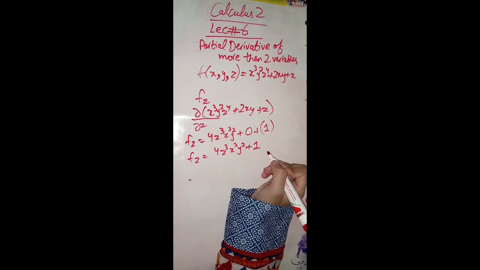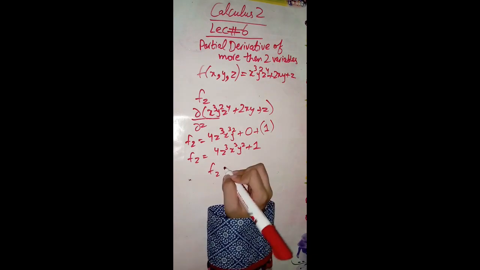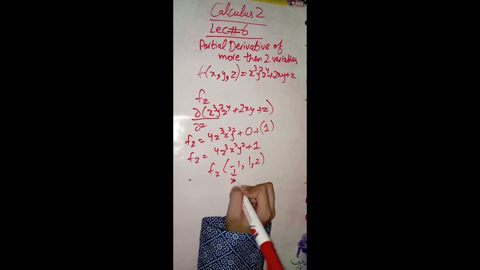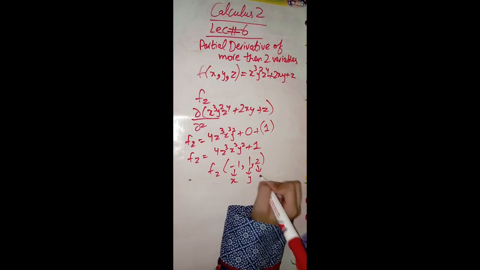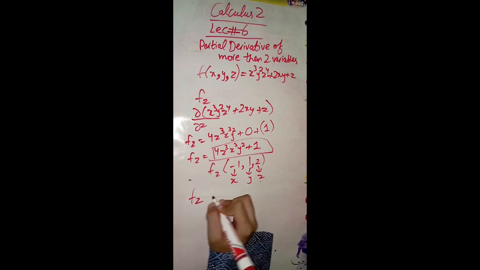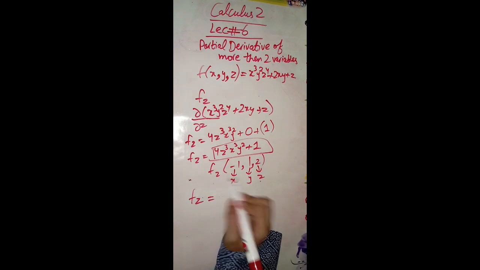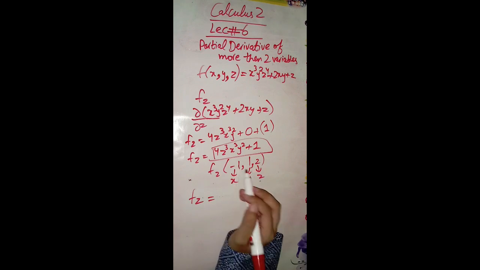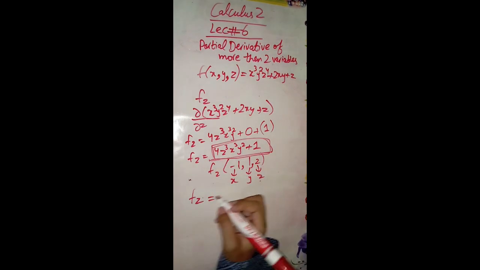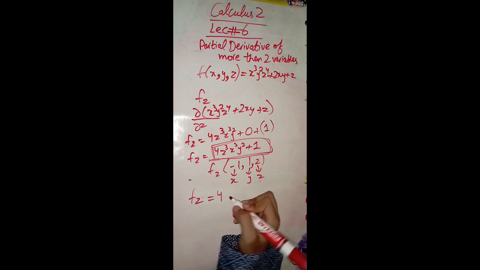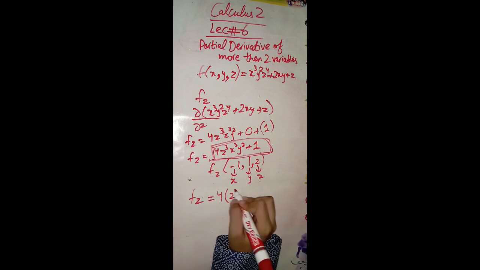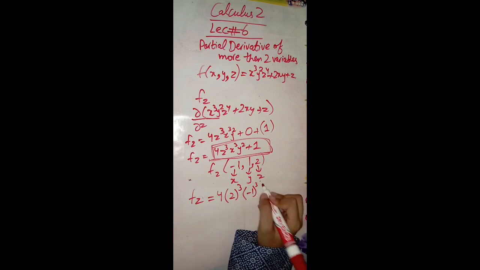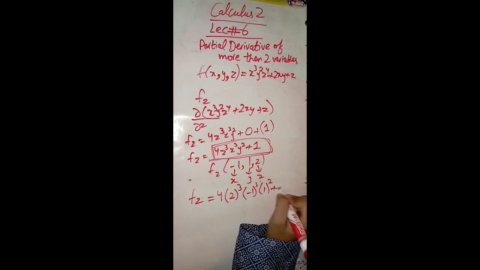As I told you, we have to find fz at -1, 1 and 2. So it means our x is -1, our y is 1 and our z is 2. Now we put these values into the expression: at the place of z we put the z value, at the place of y this value, and at the place of x this value. So fz is equal to 4 times 2 cube times (-1) cube, and at the place of y we put 1 square, plus 1.